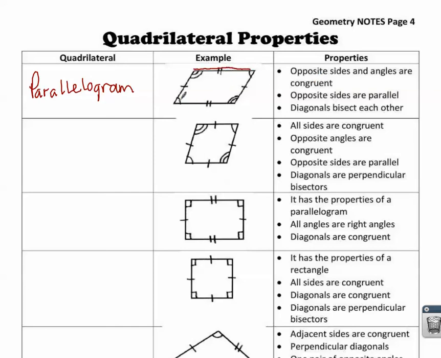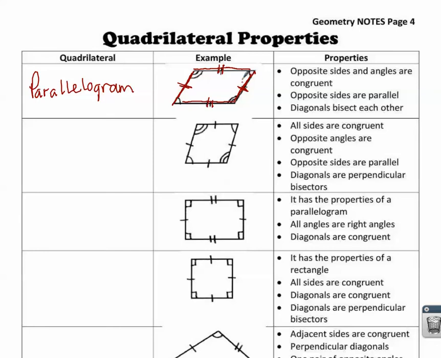The top and the bottom are opposite from each other, so they are congruent, and that is signified by these two tick marks here. Since they are two tick marks, that means any other side with two tick marks is congruent. This side here and this side here have one tick mark each, which means they're opposite sides and they are congruent to each other because they have the tick mark.